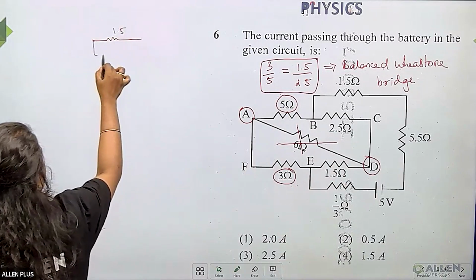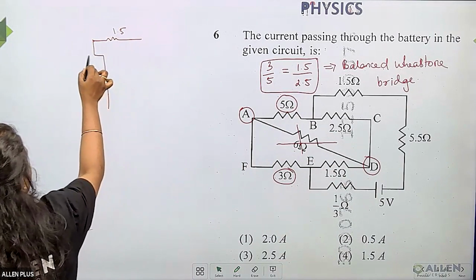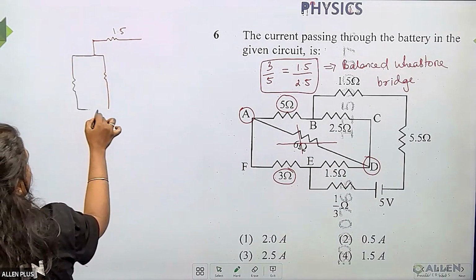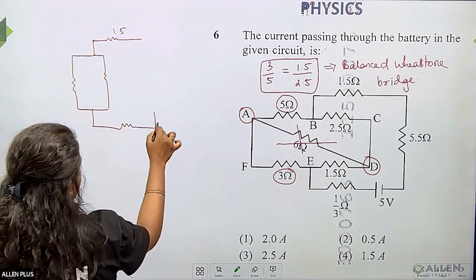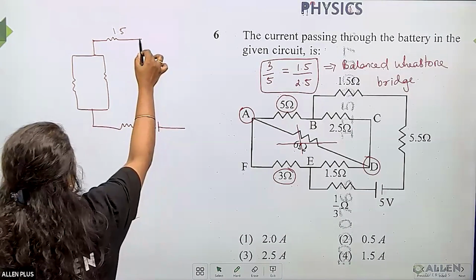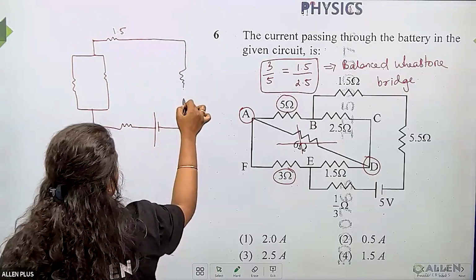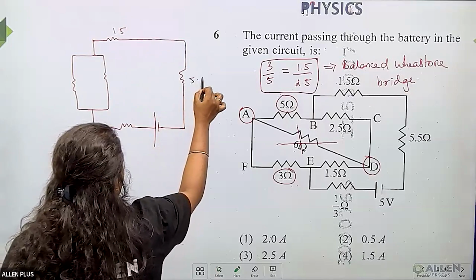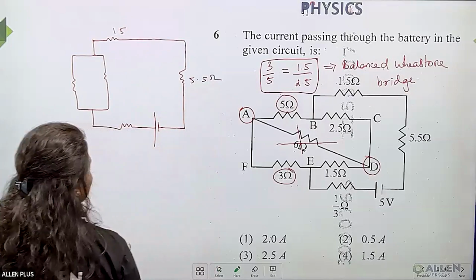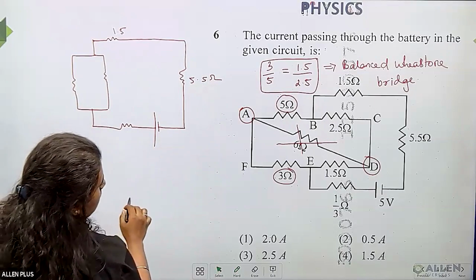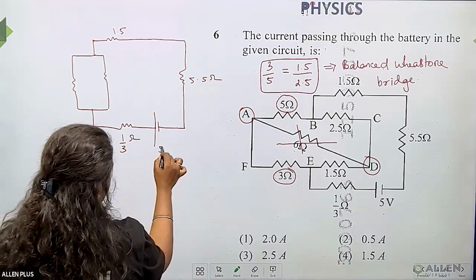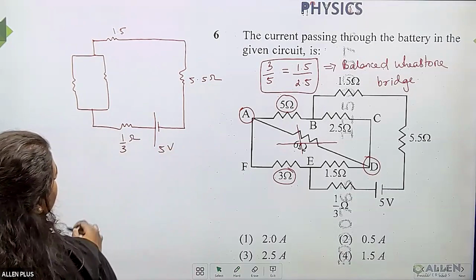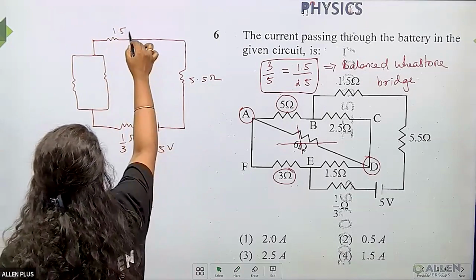1.5, 5.5 ohm, here 1 by 3 ohm, 5 volt, and you're having 1.5 ohm here.